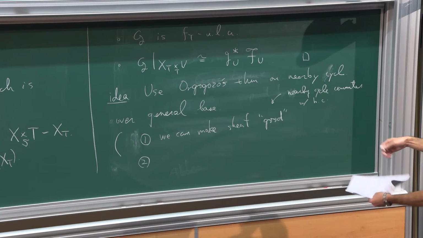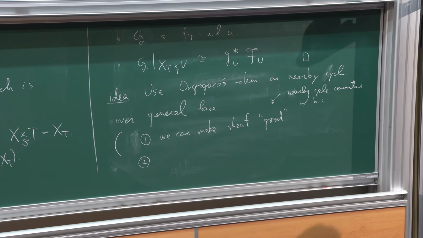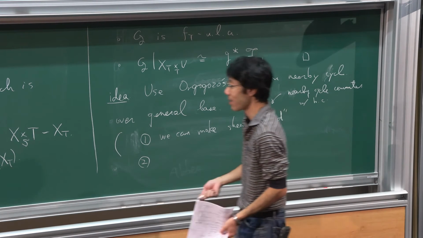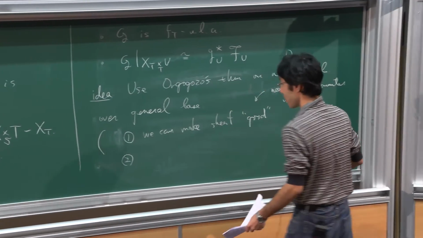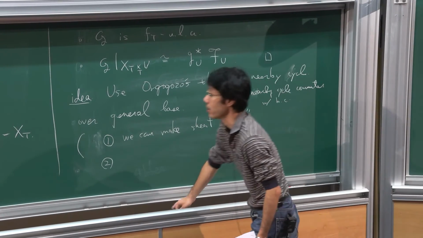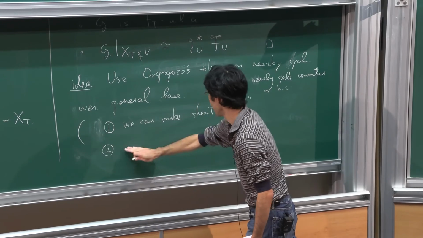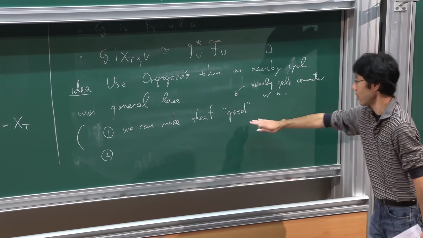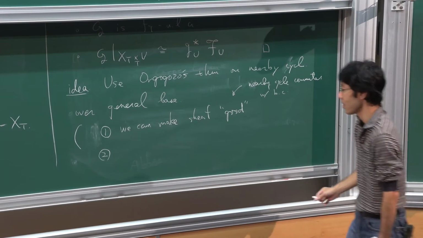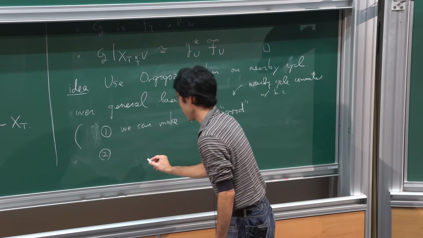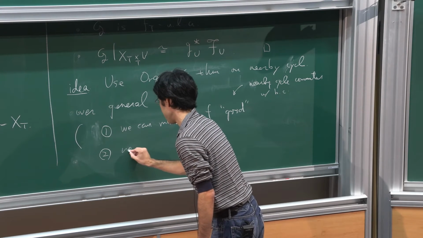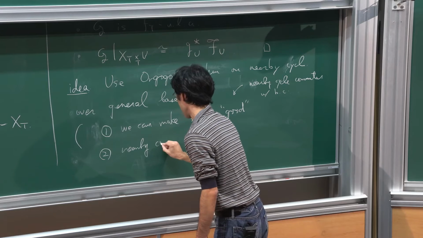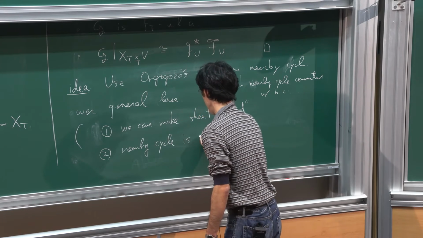In general, this nearby cycle over general base is kind of a crazy object, and it's not in general constructible at all. That's an observation by Bellini, I believe. But once it gets to a good situation, then the nearby cycle is constructible.